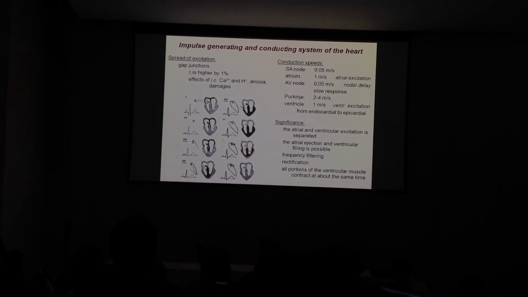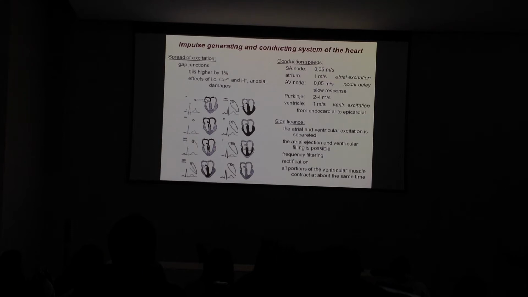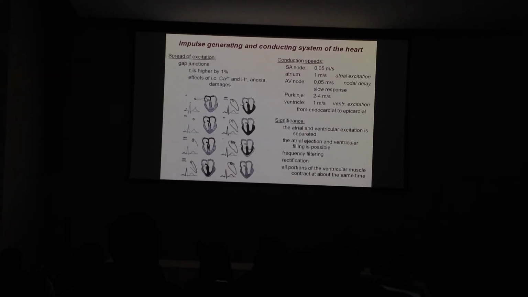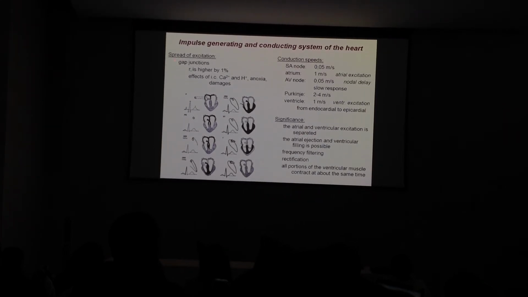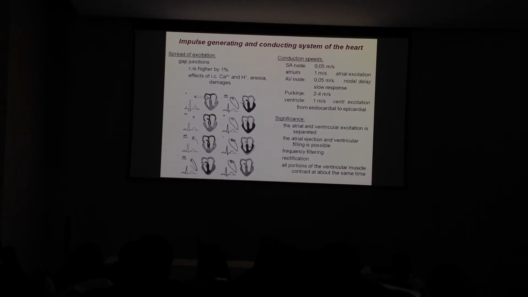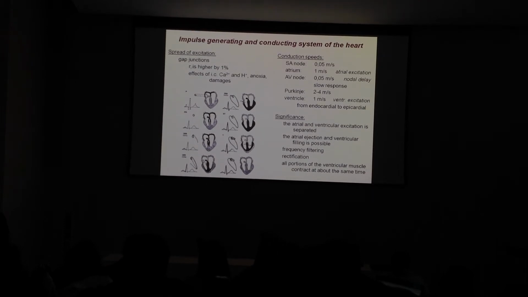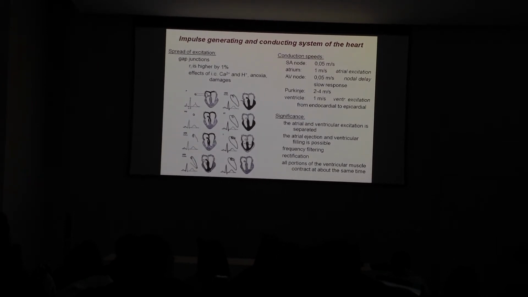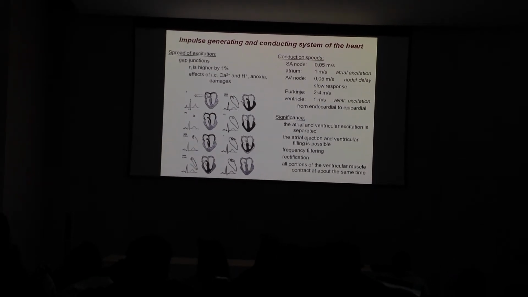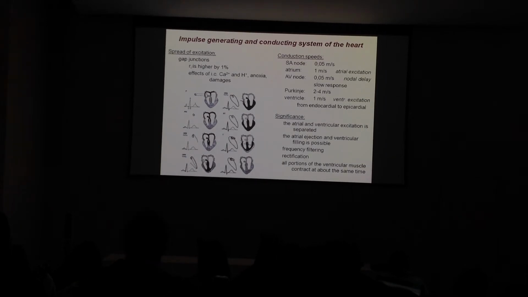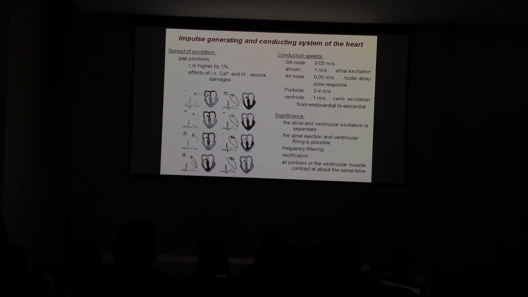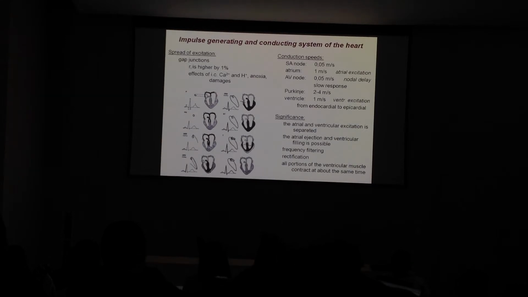How can the excitation spread in the heart? Between the cardiac muscle fibers, there are gap junctions. These gap junctions have low resistance, so they don't prevent the action potential propagation from one cell to the other cell. Therefore, the heart behaves as a syncytium.